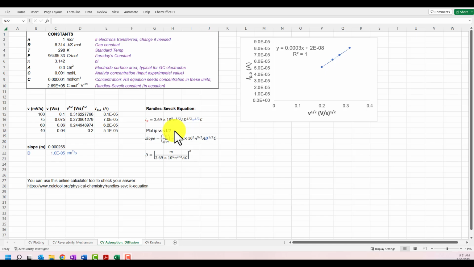So if we proceed, if we have a relationship that looks like a nice straight line, then we can employ the Randles-Sevcik equation. It's no different. In this linearized equation, we need to evaluate what this slope is, which I have computed down here. So this value, 0.000255, is the same as 0.003, it's just rounded here.